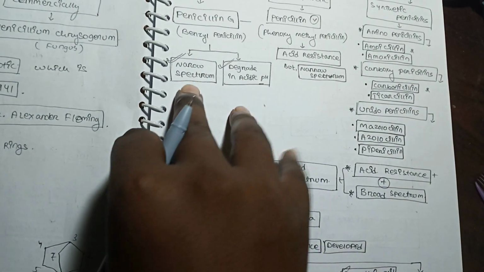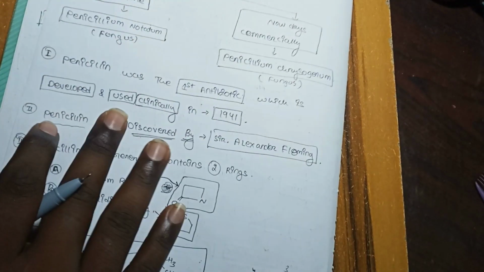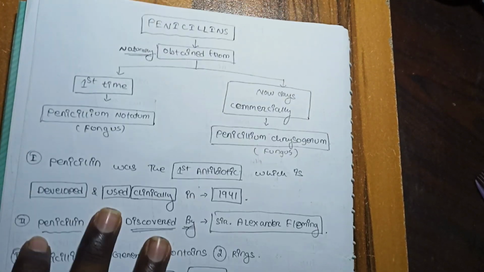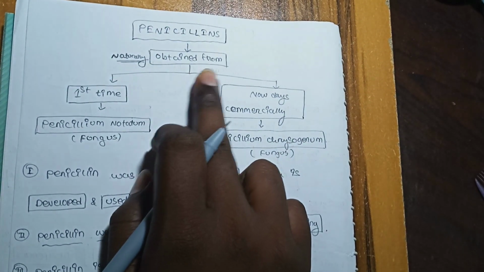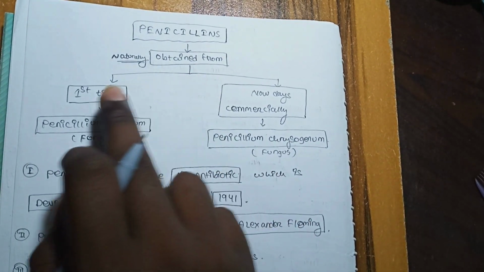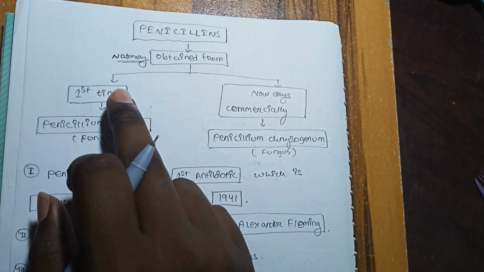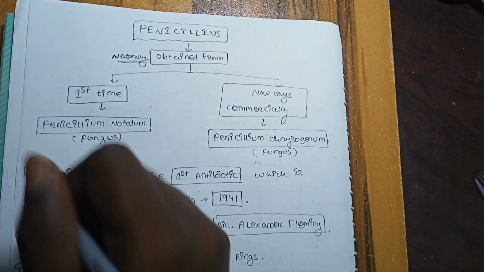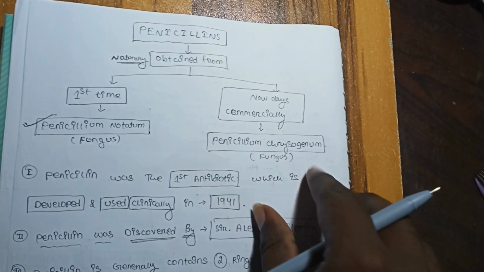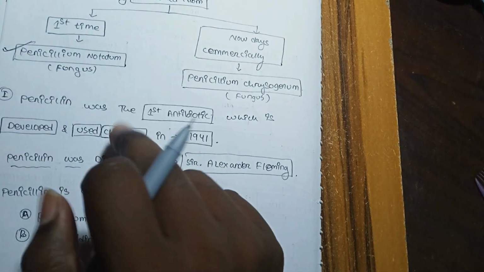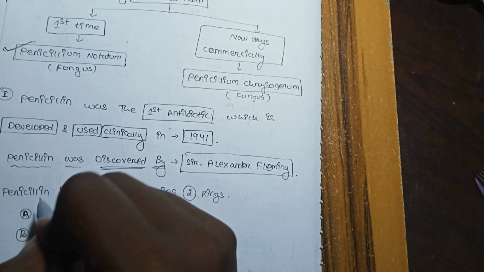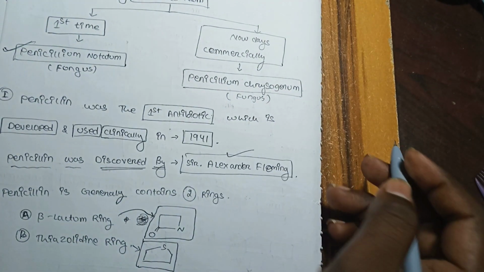Now, briefly discuss penicillins. Penicillins are obtained from a natural source. That is, it was first obtained from Penicillium notatum. Who discovered penicillin? Penicillin was discovered by Sir Alexander Fleming.